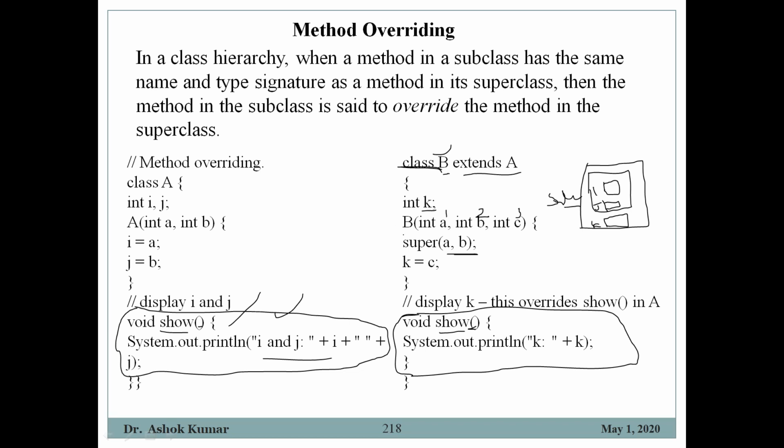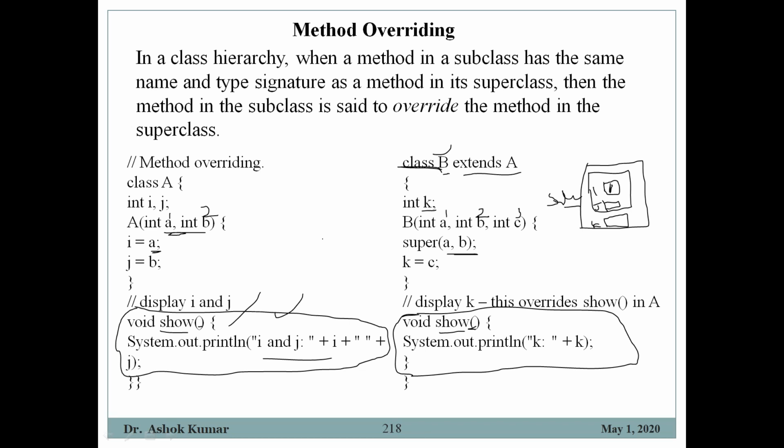When this is executed, it is calling its superclass constructor. So the value of a will be passed on to this a. This is the local variable of the superclass, sorry. The value of b will be 2 in this case. These a, b and those two a, b are different. We are assigning through this the value of a, that is 1, to variable I, so this will get initialized to 1.